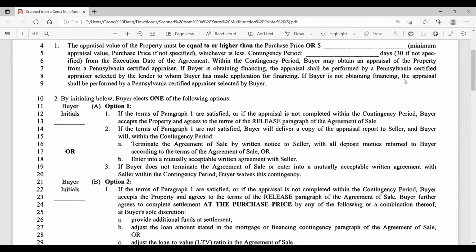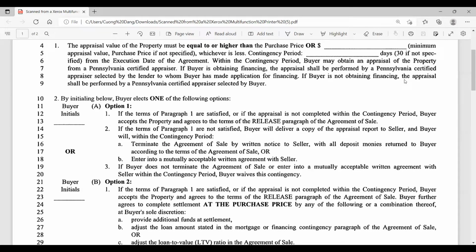And buyer will, within the contingency period, A, terminate and get their deposit money back, or B, enter into a mutually acceptable written agreement with seller, meaning negotiate. Okay, we wanted to pay $375, it only appraised for $250. We negotiate a price in between that both parties can agree upon in writing.